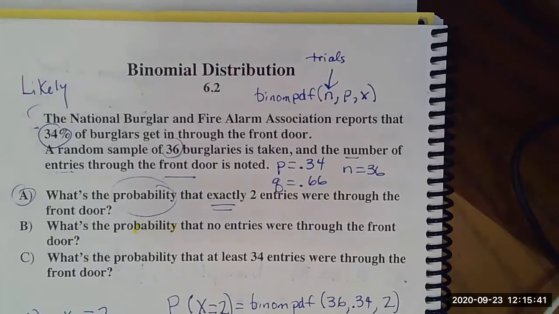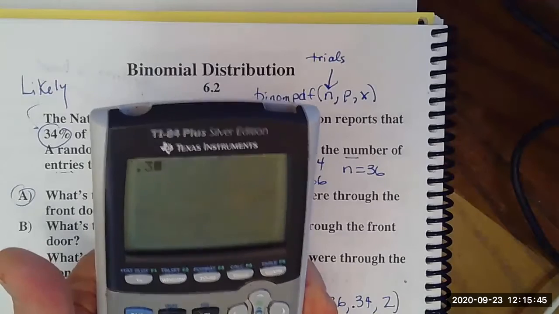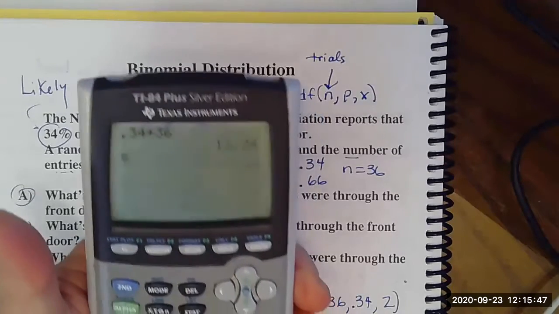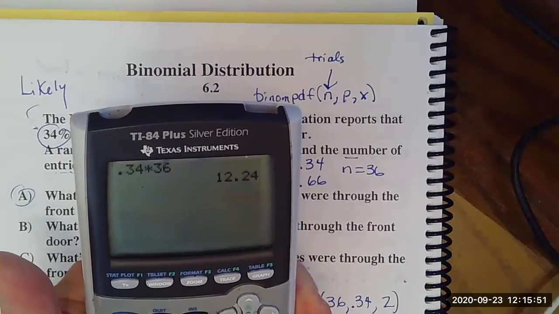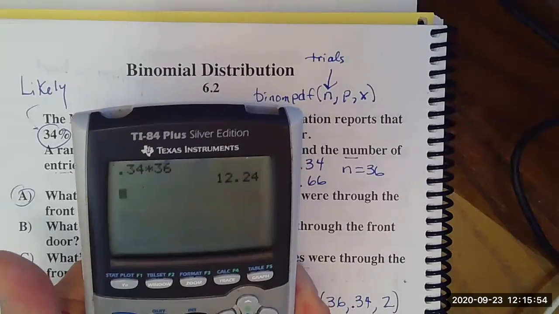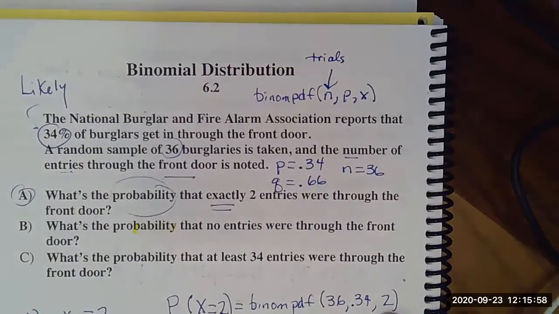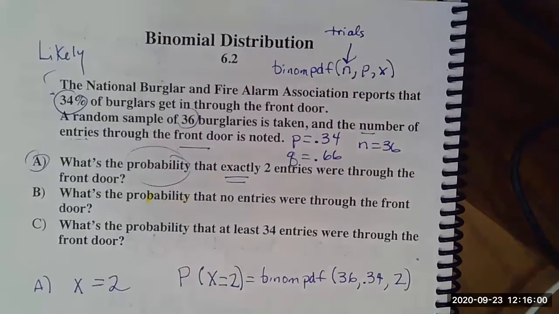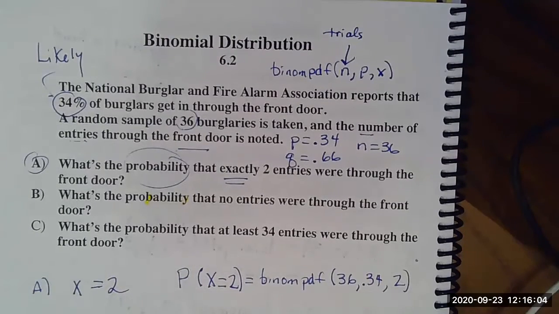And if I took 34% of 36, 0.34 times 36, 12. I should sort of expect 12, because historically it says it's about 34%. Do 2, that's highly unlikely. So my probability should be low. Let's take a look and see what happens.